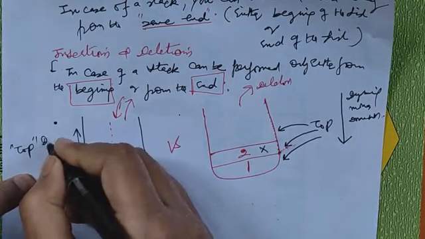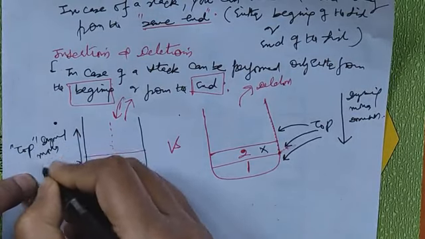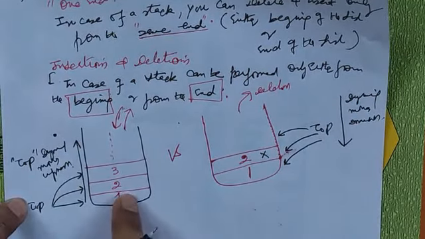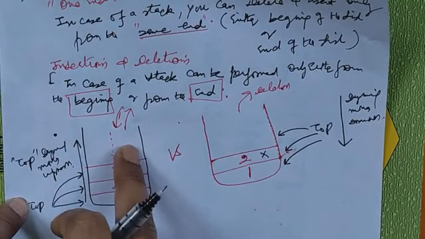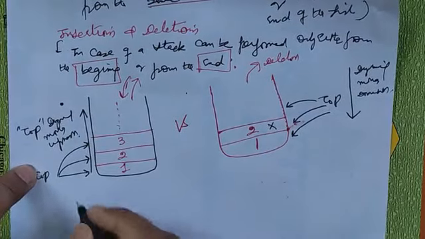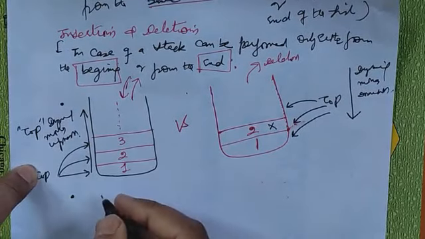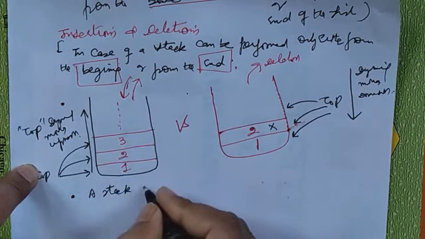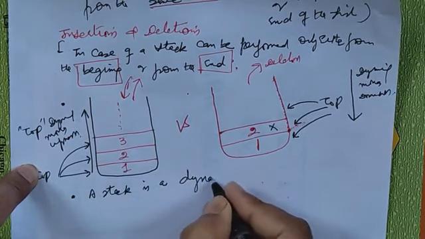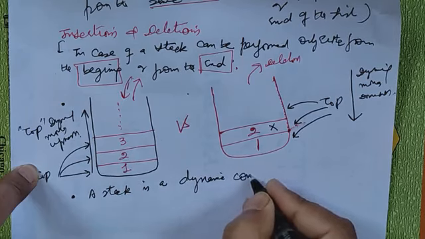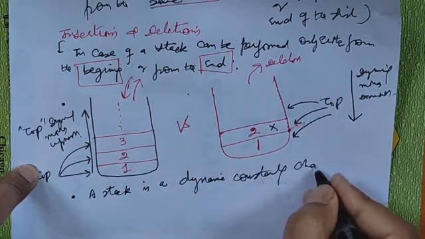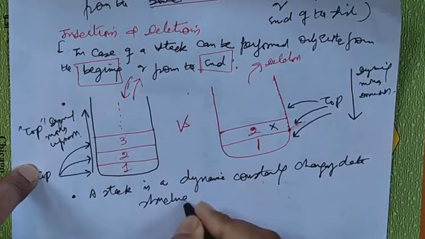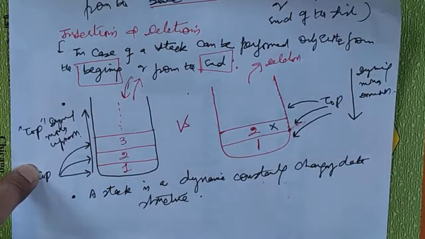Since a stack can grow in size or shrink in size, we can safely say that a stack is a dynamic, constantly changing data structure, right?